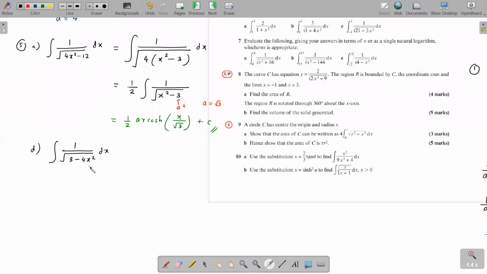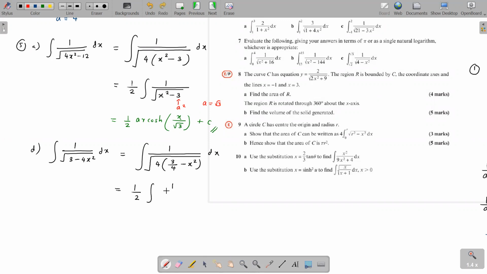I'll need to remove the 4 with the x square. So do the exact same thing. 1 over, inside the root, you take a 4 out. When you take a 4 out, 3 becomes 3 over 4 because you divide by 4, minus x square. The 4 comes out of the root as a 2. So it's in the denominator, therefore it's 1 over 2.